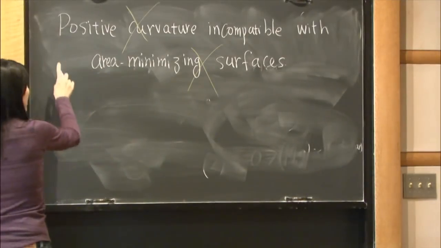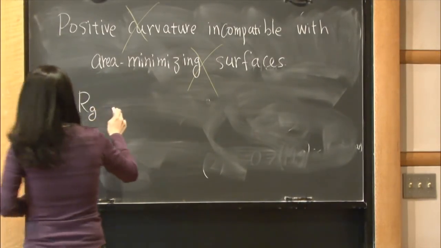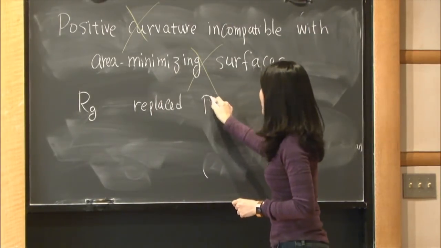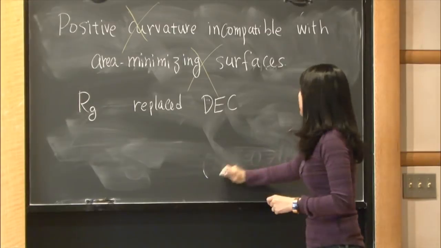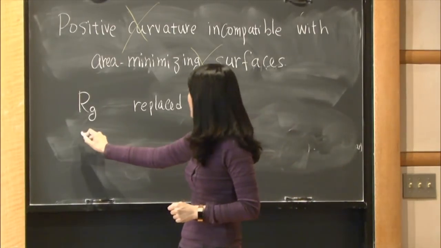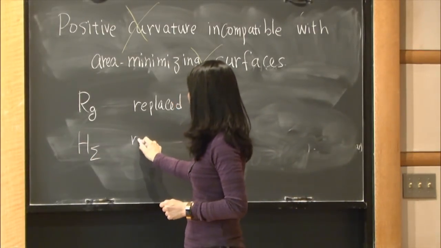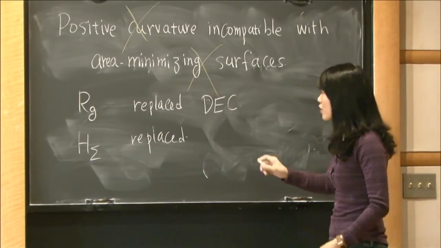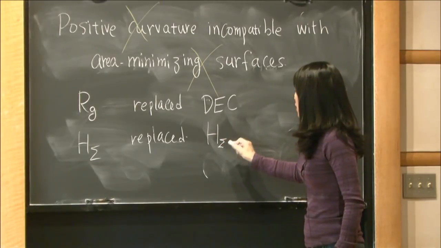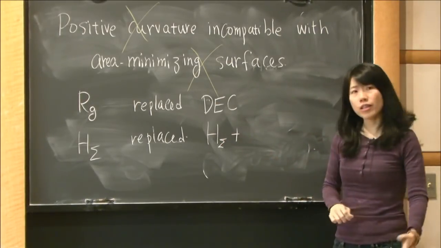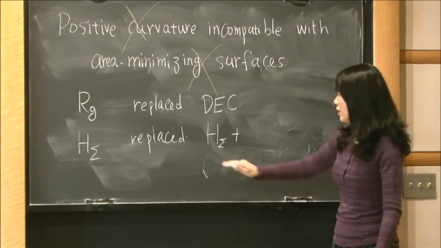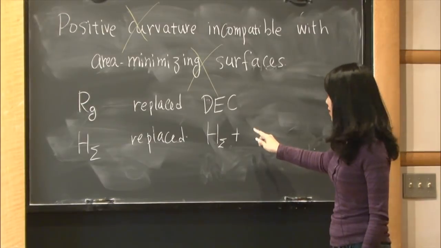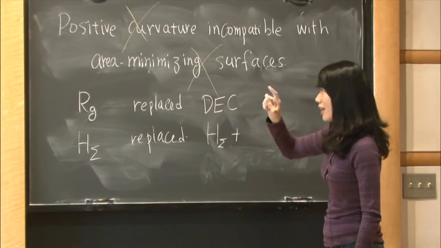The key thing is the scalar curvature in the general case is replaced by the dominant energy condition, and minimal surfaces are replaced by the so-called marginally outer trapped surface, which in mathematical language is a prescribed mean curvature surface, prescribed by the presence of the extra tensor K, the second fundamental form.